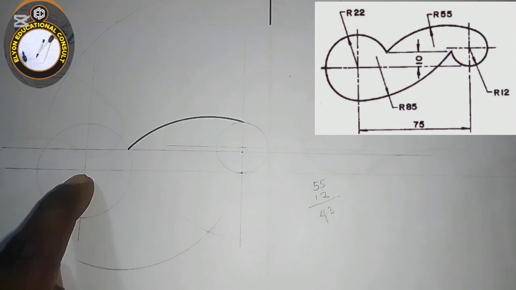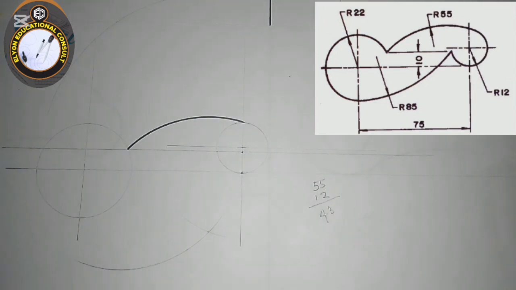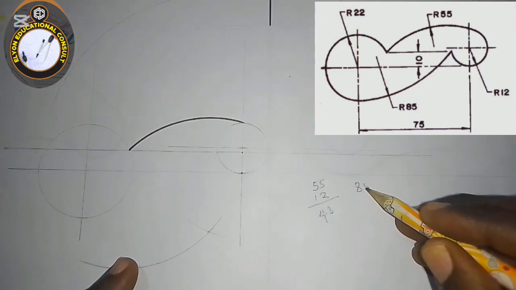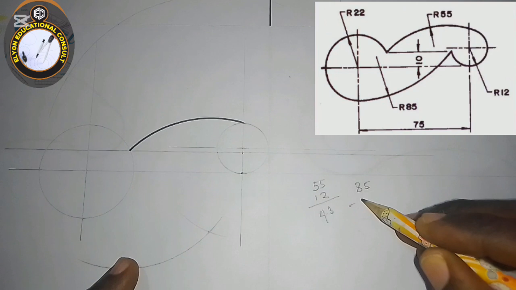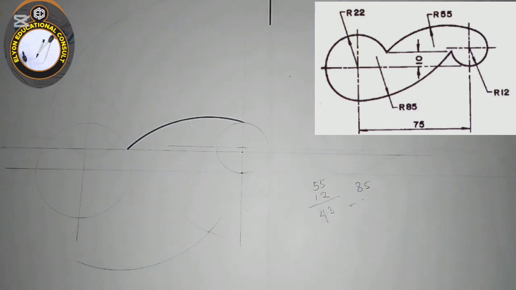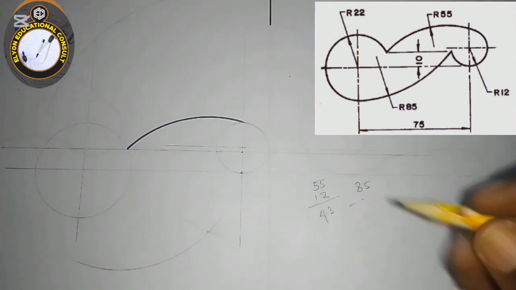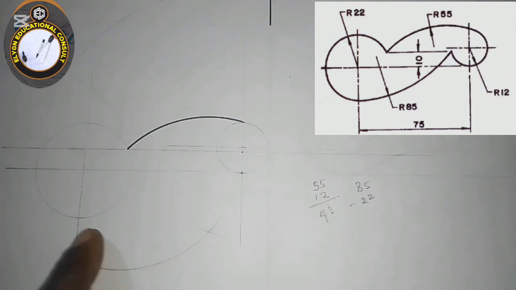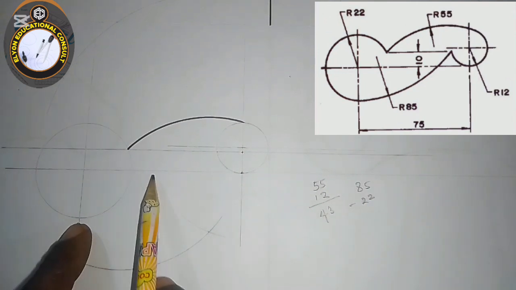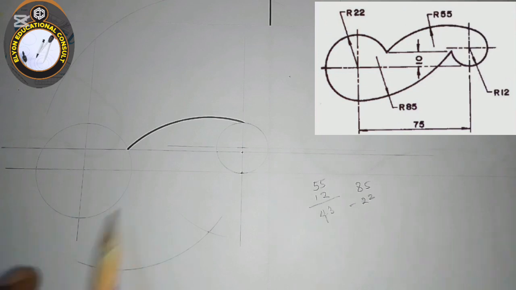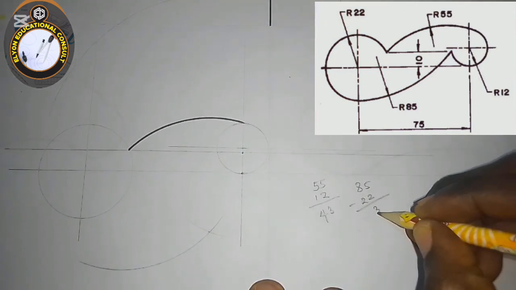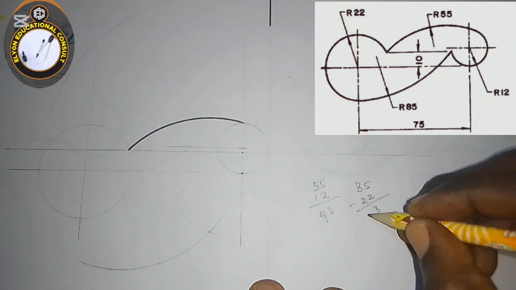So I'm going to be saying now that the arc radius, which is 85, minus 22. Why? Because it's an external arc. So this will give us 63.